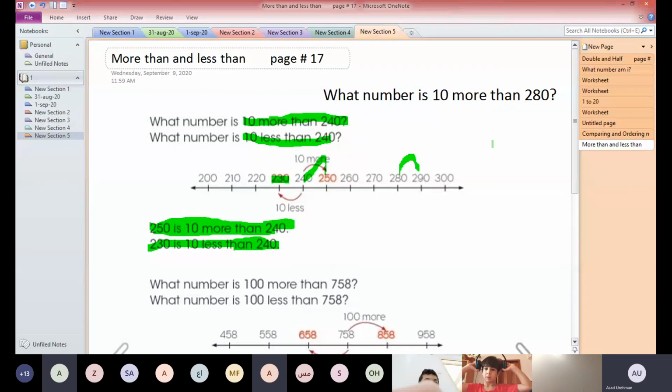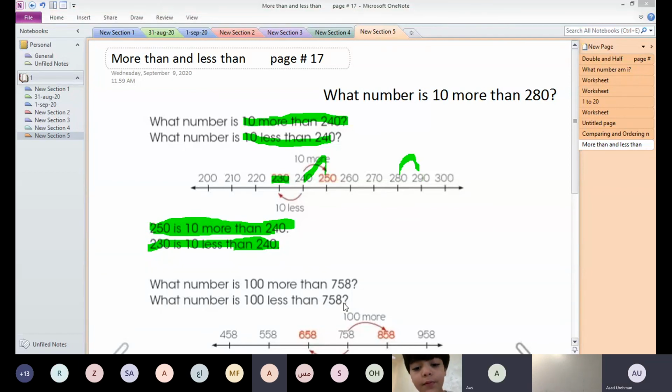After 280, what comes? It's 290. Okay. Don't unmute yourself. Only those students will reply. I'm going to ask a question. Don't unmute yourself. Only raise your hand if you want to answer.